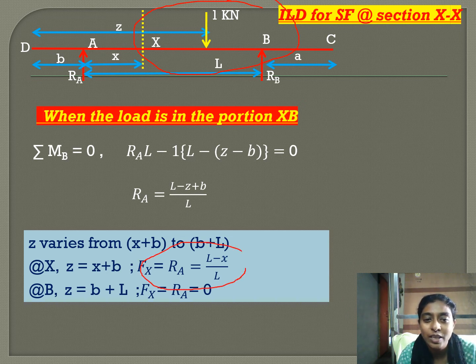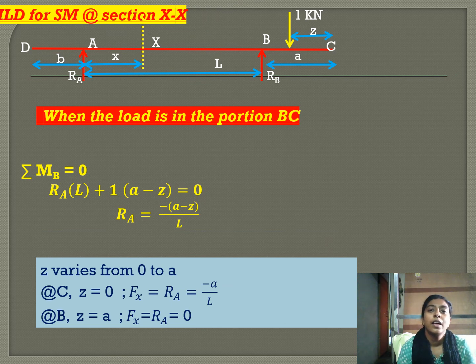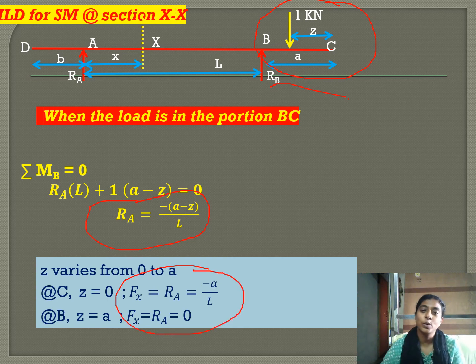So substitute the values for Z and find the values of shear force at X. Now the last portion, when the unit load is in the portion BC. Sigma MB is equal to 0, we get RA is equal to minus (A minus Z) by L, or (Z minus A) by L. So at C, Z is equal to 0 and at B, Z is equal to A. By substituting, we get the values for shear force Fx as minus A by L and 0.